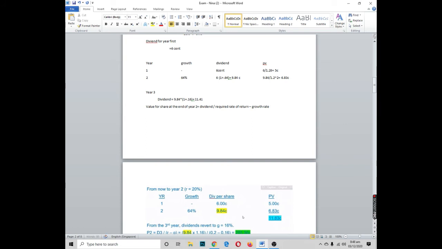So here we put the value 11.41 divided by 0.20 less 0.16.